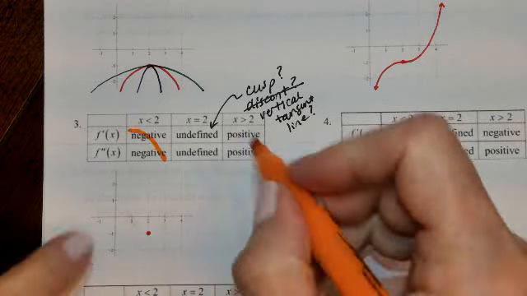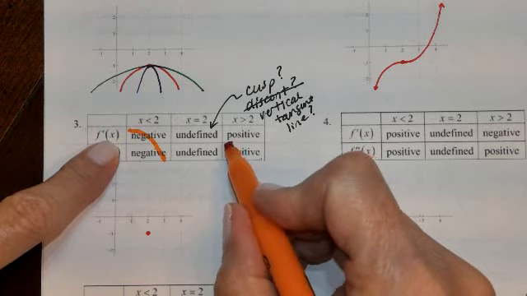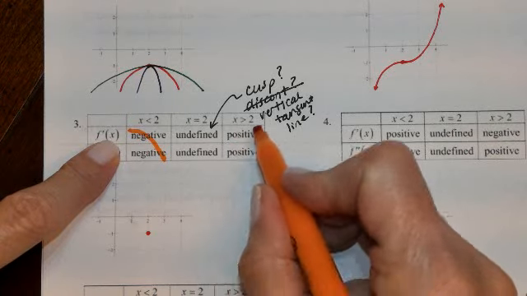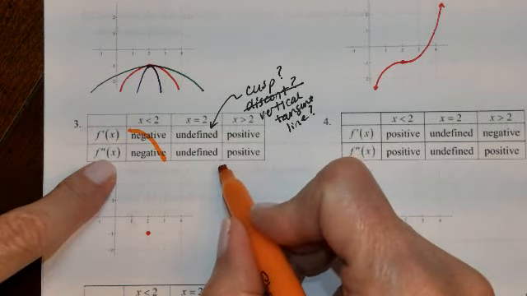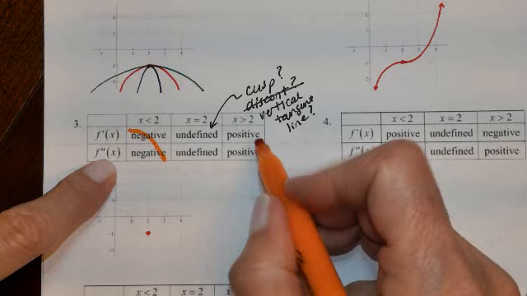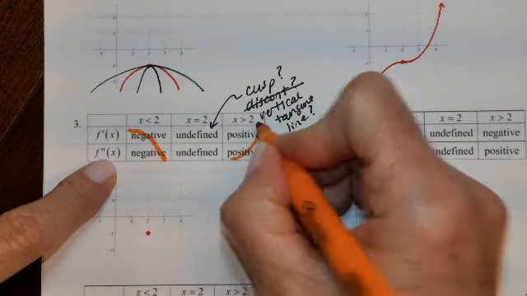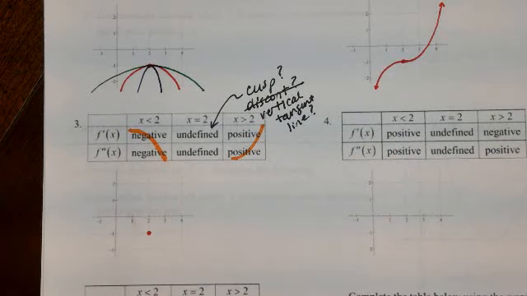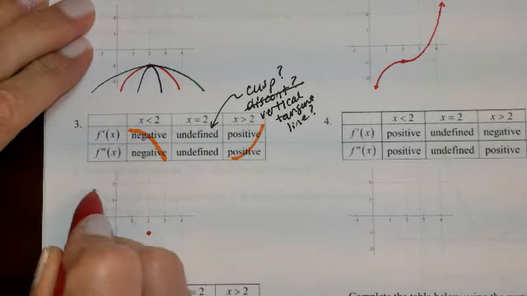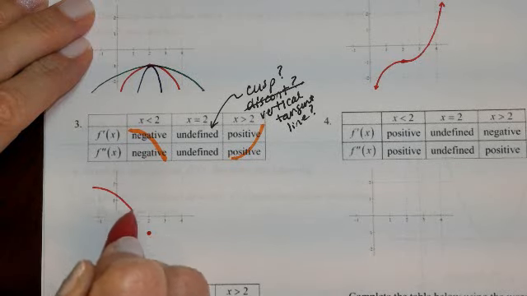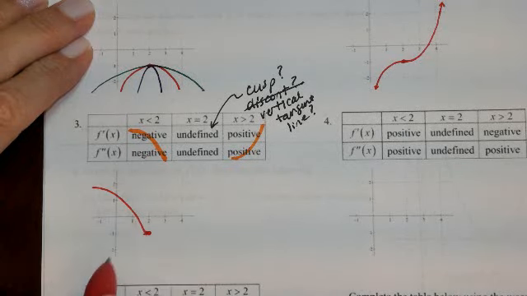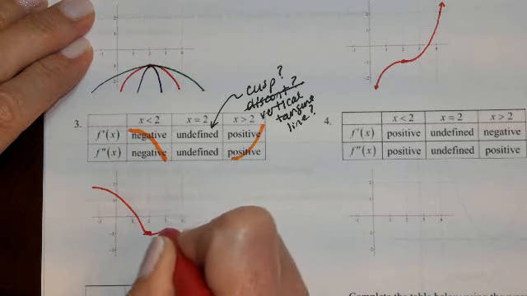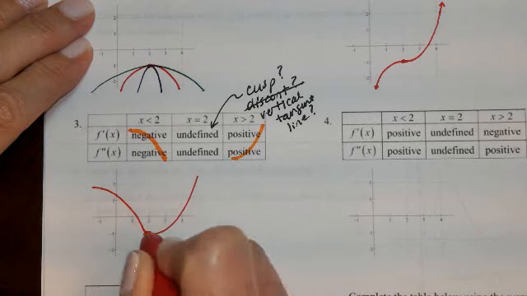Okay, so let's finish this up. f prime was positive, so we're increasing. f double prime is positive, so we're concave up. So increasing and concave up has to look like that. When we sketch this curve, I would go concave down and decreasing to that point, and then concave up and increasing after that point.